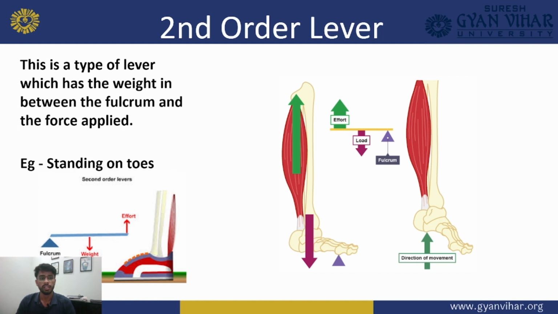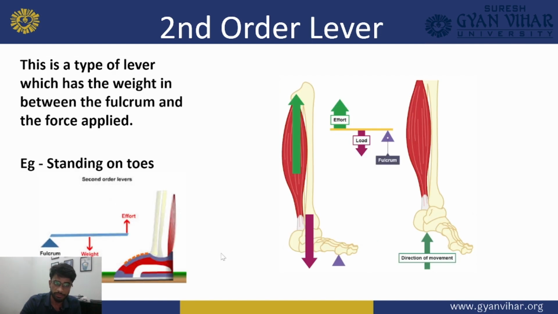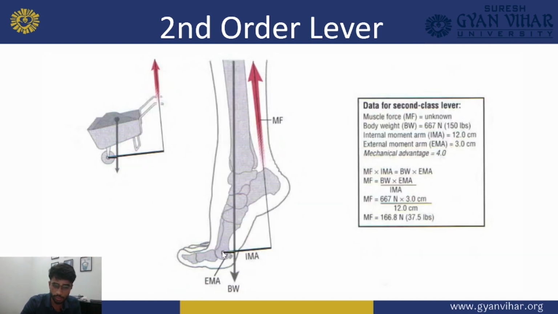As you can see in this example, this is the fixed point, and it passes through the MTP joint, the metatarsophalangeal joint, and your body weight is falling over here, at this point. The perpendicular distance between this point and the fulcrum is the external moment arm, and your muscle is inserting here at the calcaneal tuberosity.